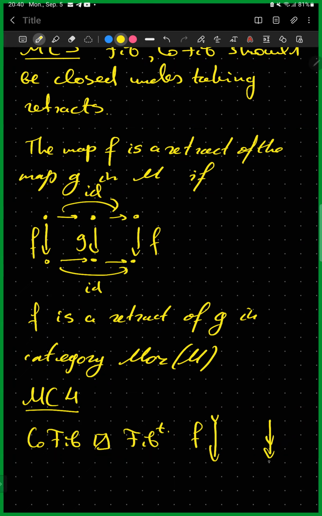So two-headed arrow means fibration, and this equivalence sign means that it is trivial. Then, given this commutative square, there should be the dotted arrow, which makes two triangles commute.